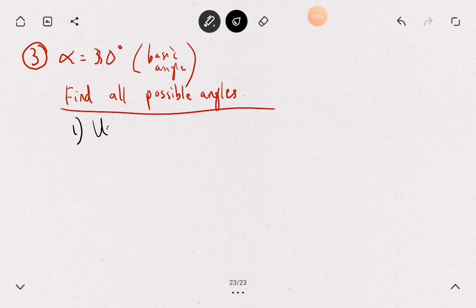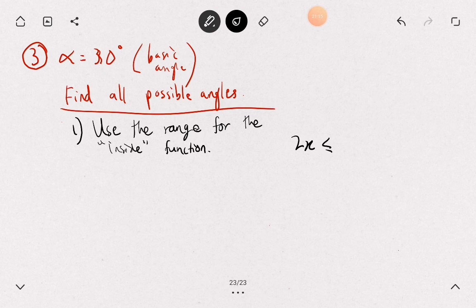One, use the range for the inside function, meaning now is where you use this information that 2x is between 0 and 360.